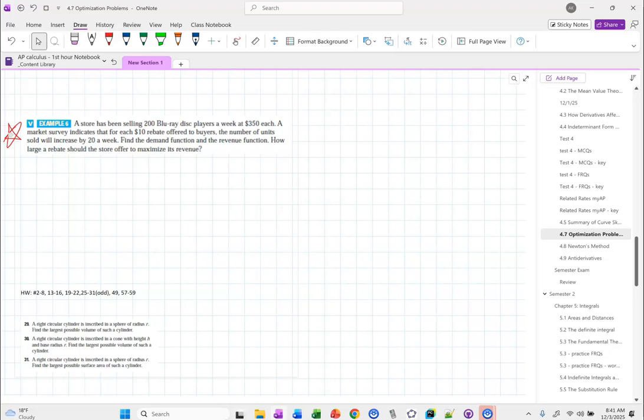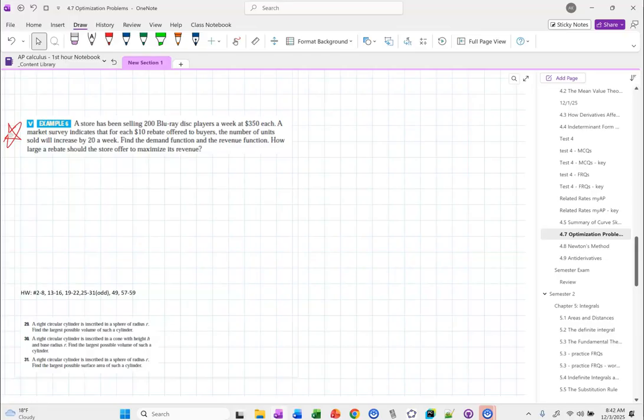Yeah, at least. So a store is selling Blu-ray players, and for every $10 discount that's offered, the number sold is going to increase by 20. Find the demand function, so that's going to be how many players we're selling.